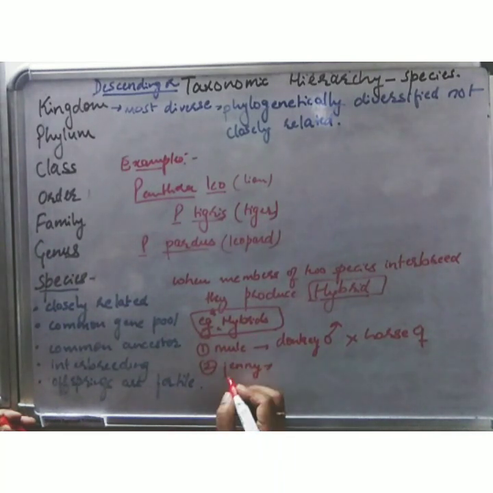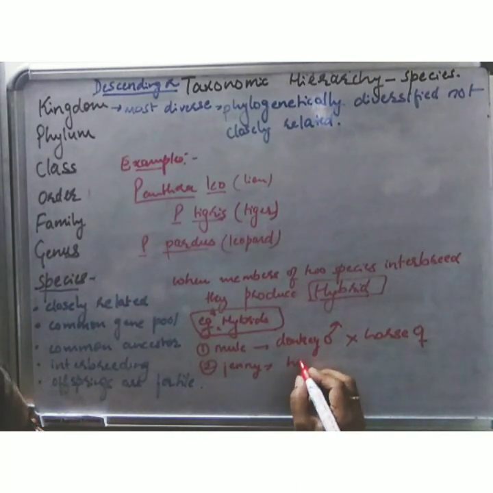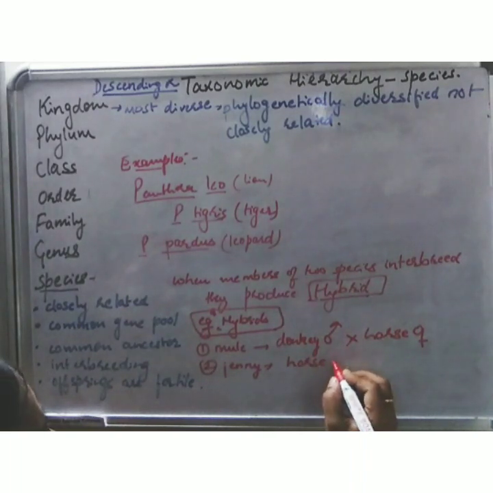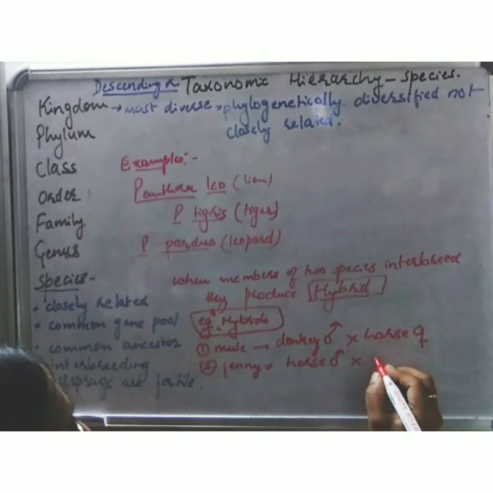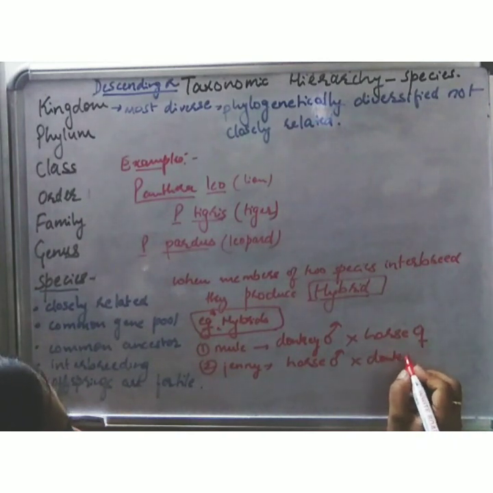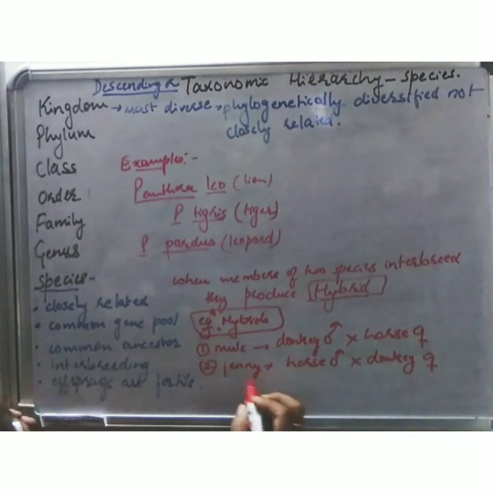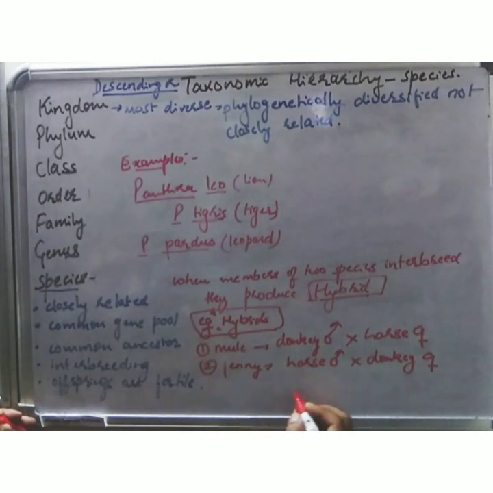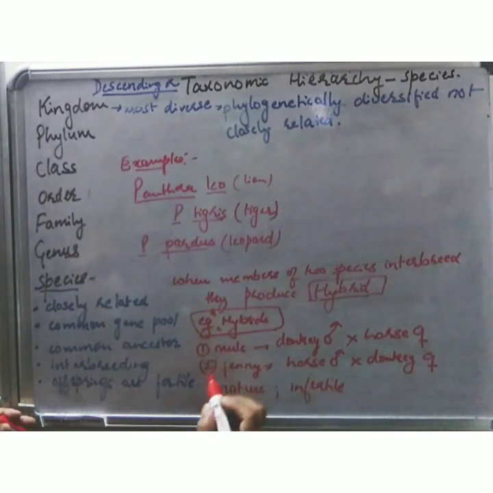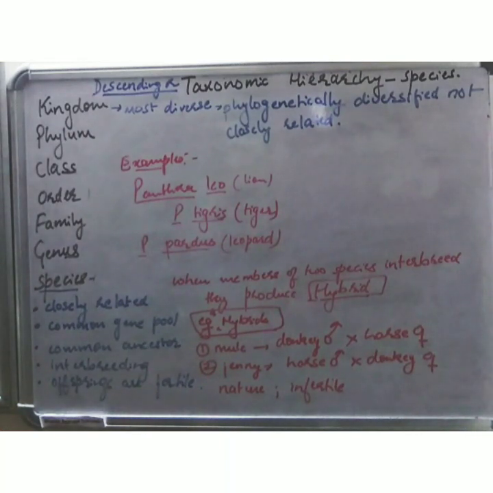Jenny is a cross between a male horse and a female donkey. So Jenny and mule, both these hybrids are produced naturally, but they are both infertile. Both mule and Jenny are infertile.